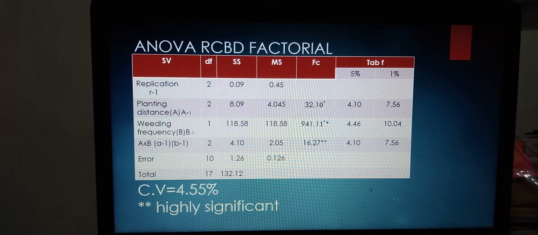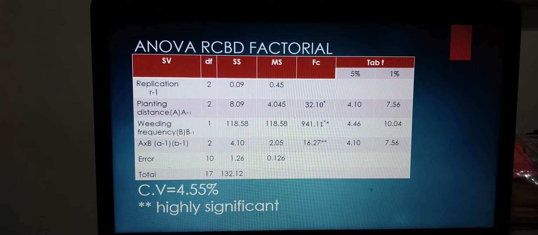Then our CV is equal to 4.55%, which is highly significant for our experiment.